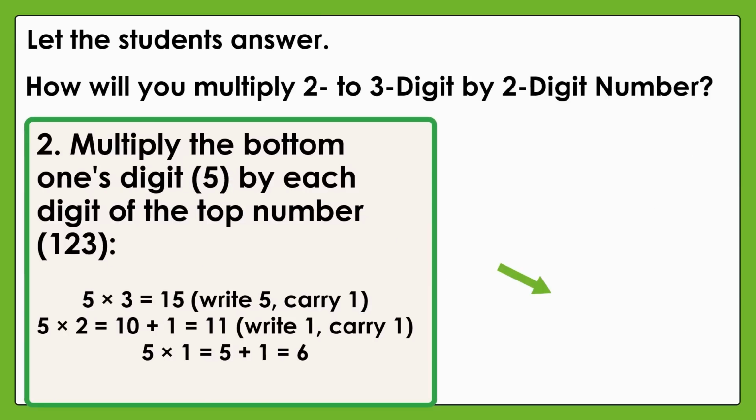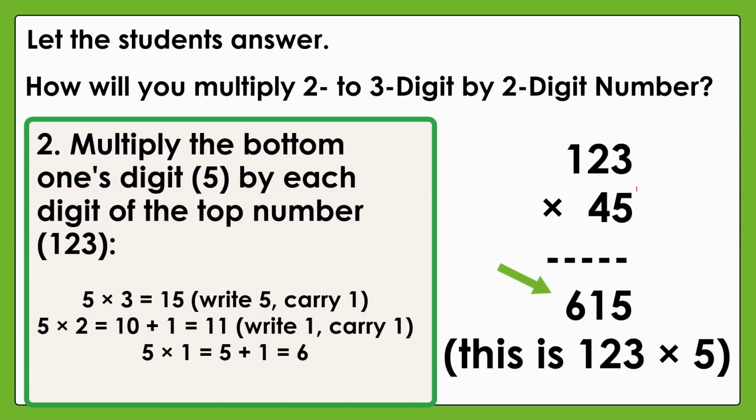Number 2, multiply the bottom one's digit 5 by each digit of the top number 123. Let's start. 5 times 3 is equal to 15. Write 5, carry 1. 5 times 2 is equal to 10 plus 1, 11.